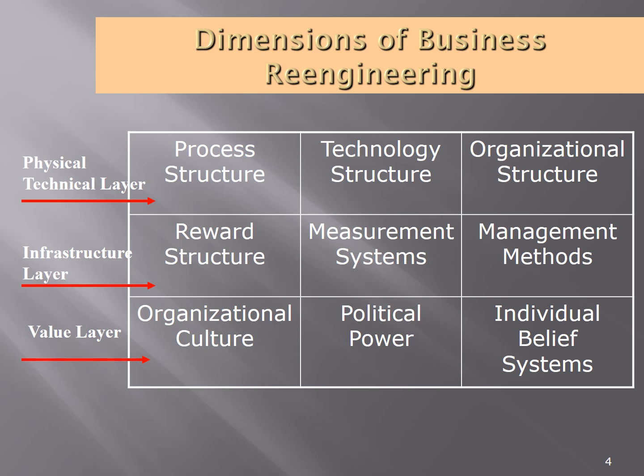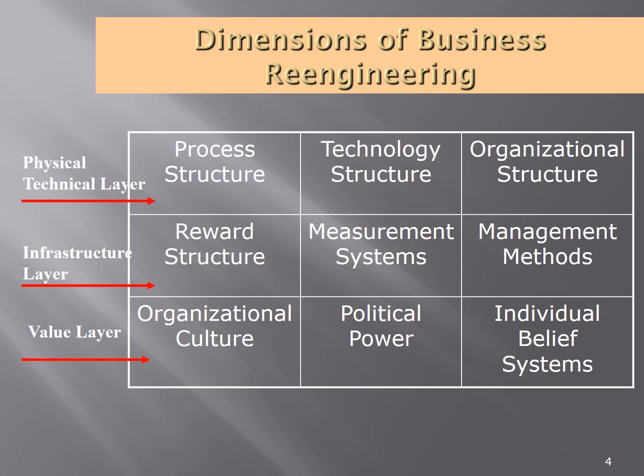Let us discuss the 3 layers of business reengineering that consist of 9 dimensions. The physical technical layer, infrastructure layer, and value layer. But before that, what is the importance of understanding these layers?